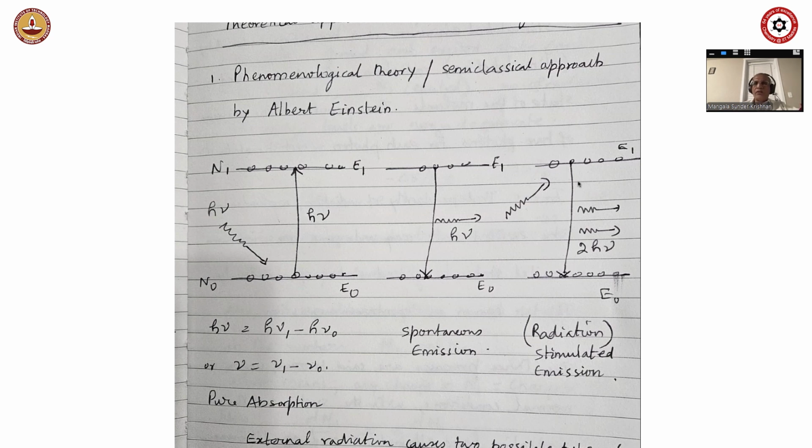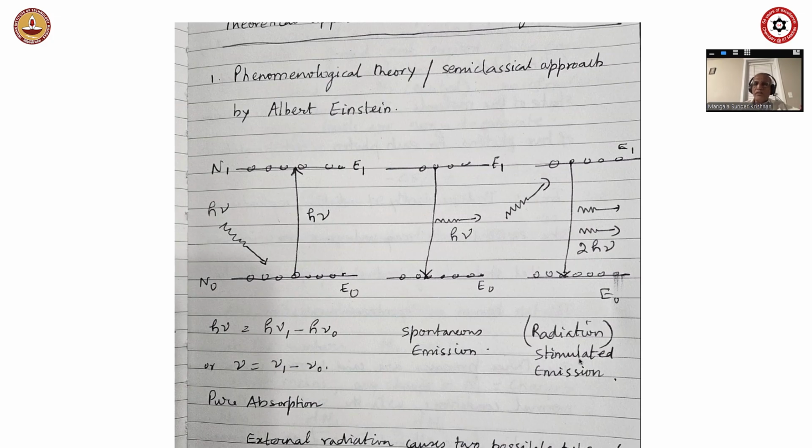Now, the third process is molecules which are in the excited state are also interacting with the radiation, and due to the radiation, they may de-excite and come down to the ground state. In that case, for example, if a radiation falls on the molecule which is excited, and the excited molecule comes down to the ground state, energy conservation means that this photon must also come, and the photon corresponding to the transition from excited to the ground state should also come.